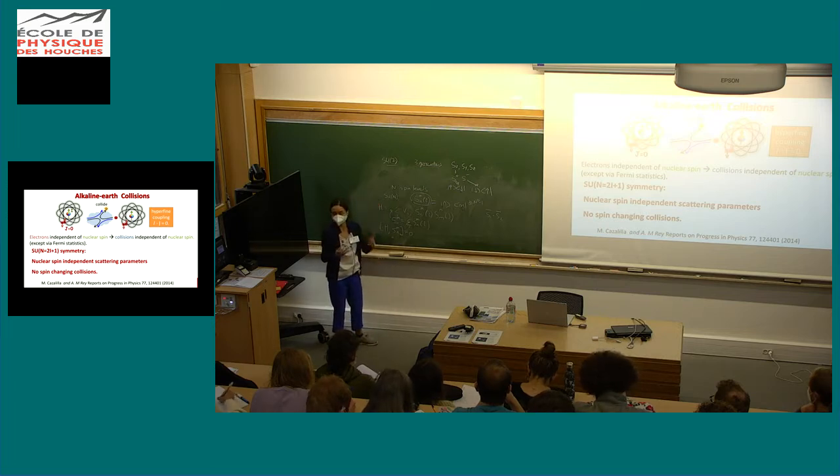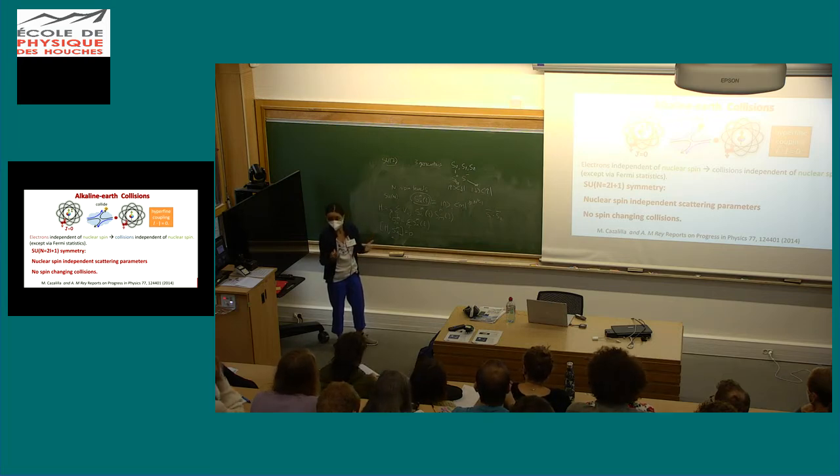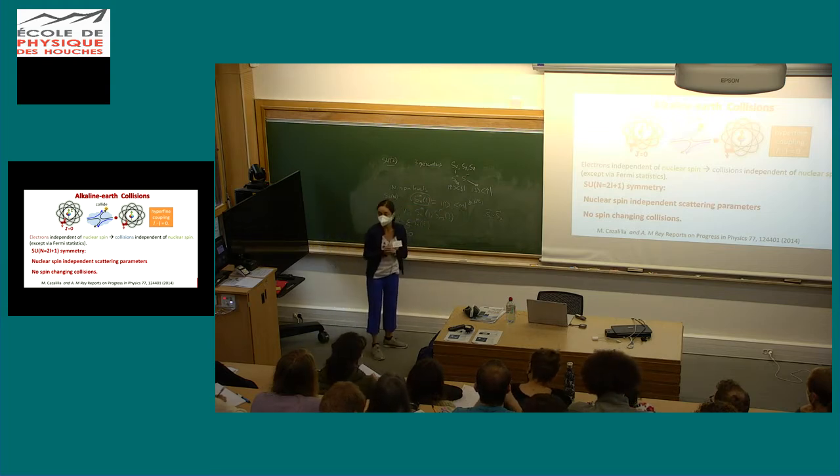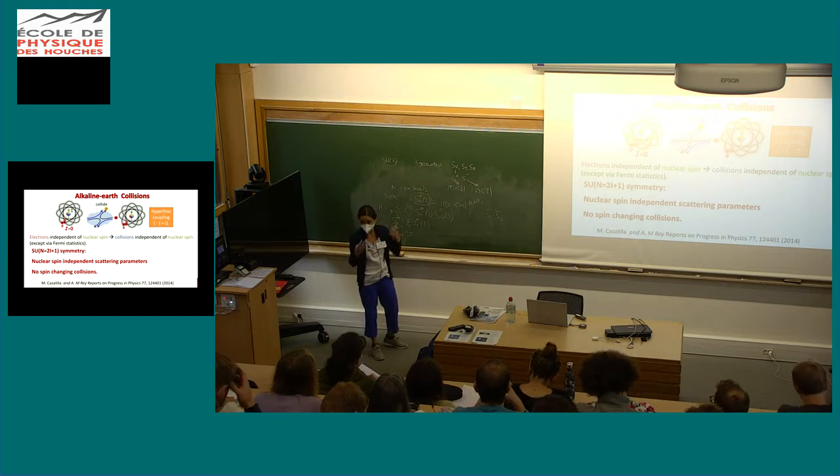So the Hamiltonian commutes with all the possible N squared minus 1 generators of SU(N). In that case, I can say that I have SU(N) symmetry in the collisions. This is the case for the Hamiltonians we are going to write for alkaline earth atoms, and you can see that all satisfy this property.